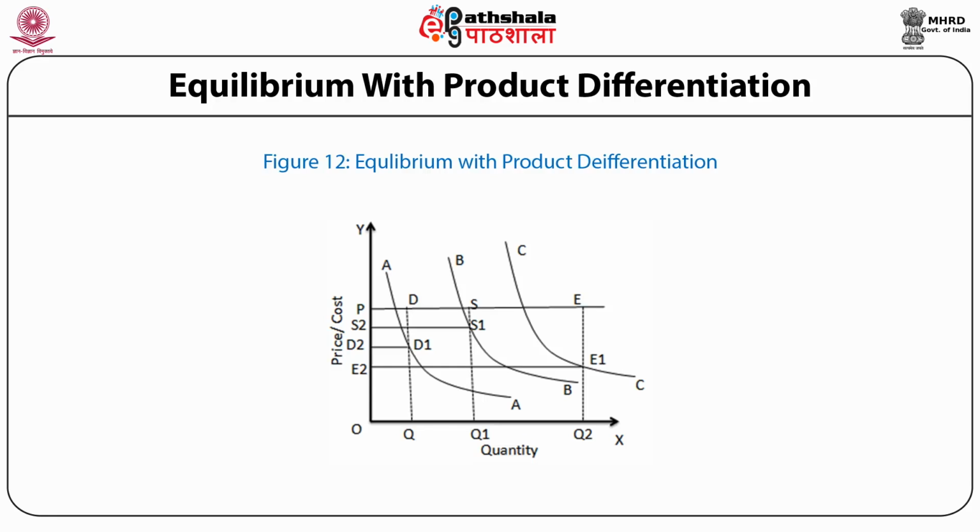For variety C, the firm is producing OQ2 level of output and getting PE1E2 supernormal profit. As variety C is giving the highest profit, the firm will produce more quantity of variety C.